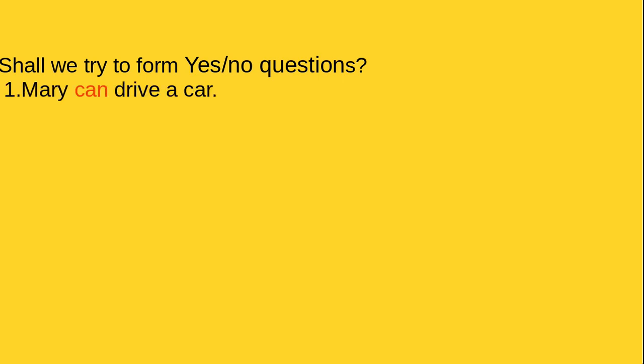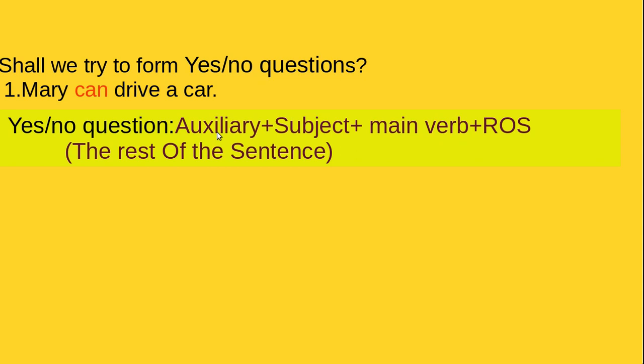Now, shall we try to form some yes or no questions? Listen, Mary can drive a car. Here, see, the auxiliary is there. Simply take it from here and put it here. We know the formula is auxiliary, subject, main verb, and the rest of the sentence. So, Mary can drive a car.